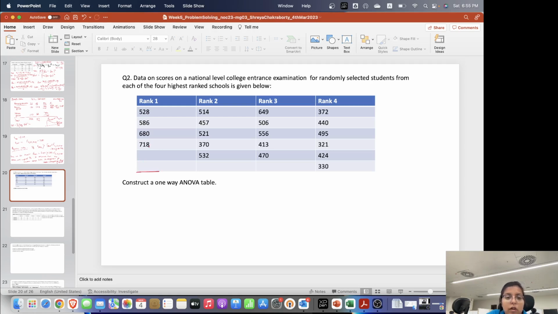So, what is the group mean of this one? First we will write down the formulas: SS total is yij minus y naught naught bar whole square.